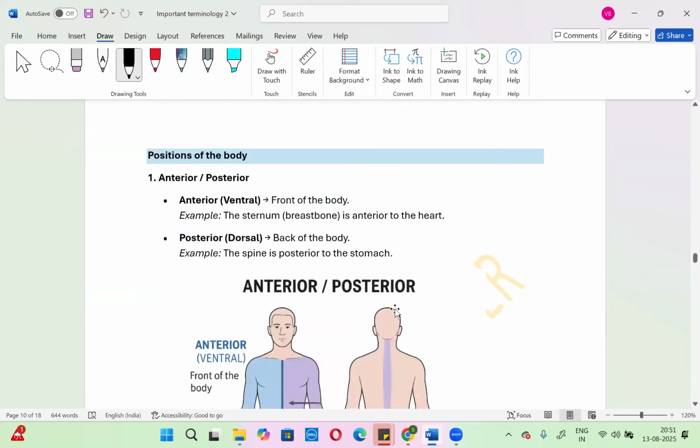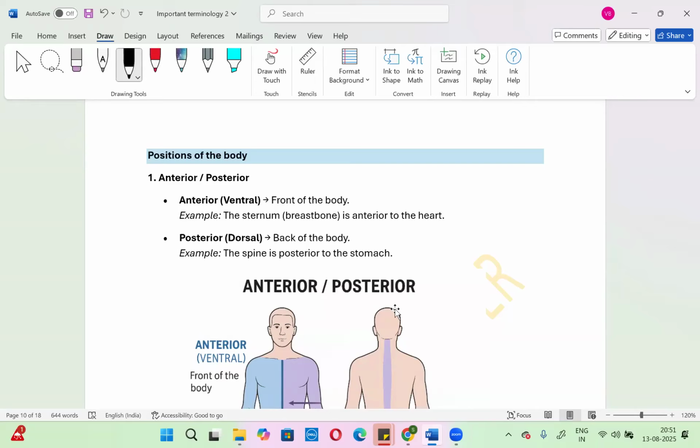Now next comes the positions of the body. Why is this part important? Because whenever physicians do surgeries, they will mention these positions in the operative report. That is the reason you should know the positions. For example, a physician is doing some surgery on a patient.